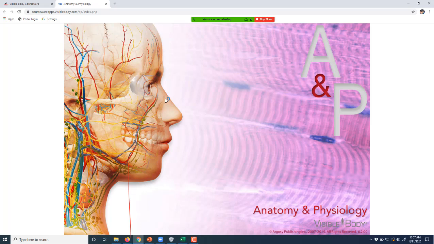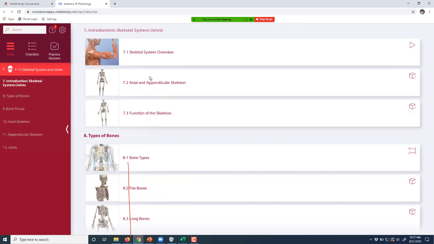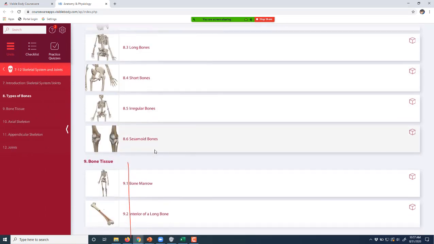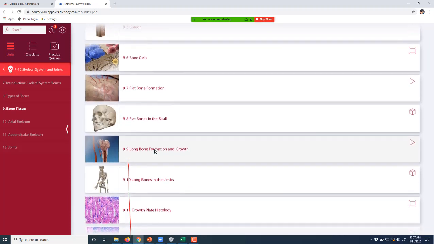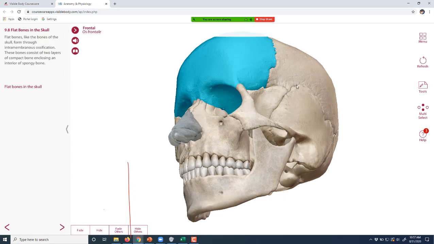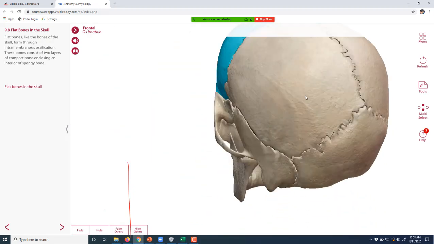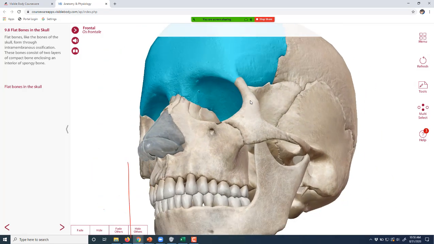Once again, it takes a while for it to load, but eventually it'll load up. And then just say you go into the skeletal system and go, okay, I want to take a look at flat bones of the skull. Okay, and then you could just take one of these, you could kind of rotate it around, zoom in, zoom out, so on and so forth.